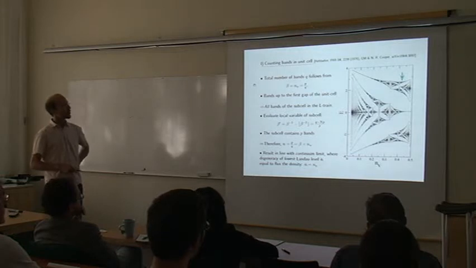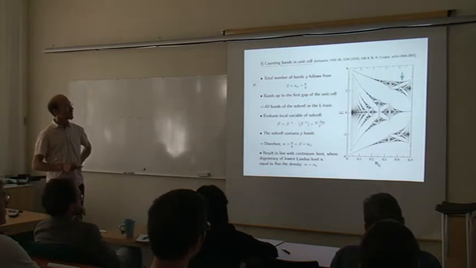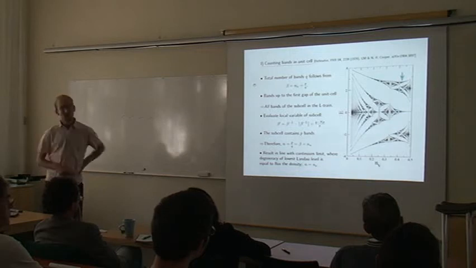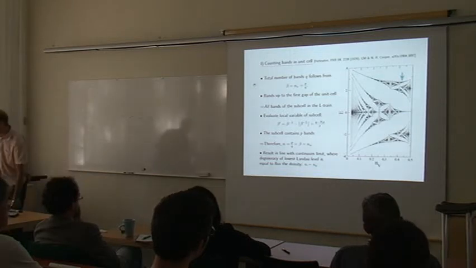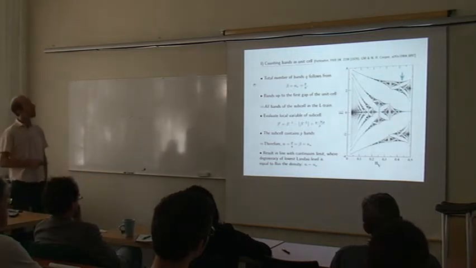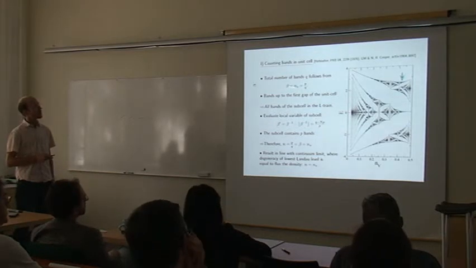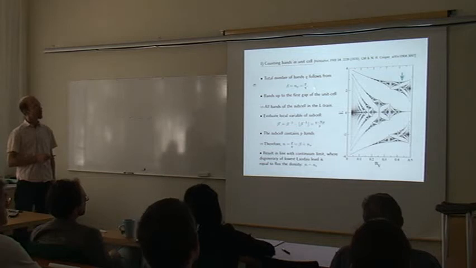All right. So, for example, what I want to calculate is, let's take this flux density and say, well, we want to find out how many states are in this little band down here, such that we can describe the filling factor. So the total number of bands follows from the flux density that we're at.